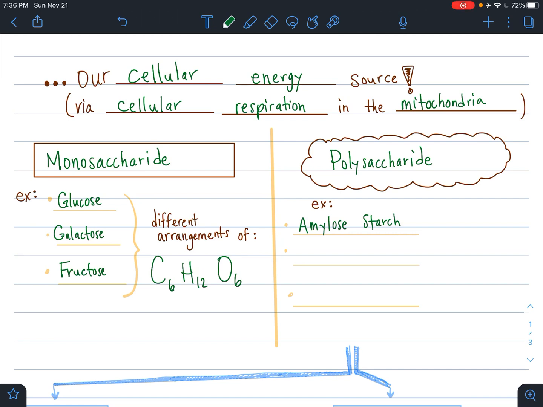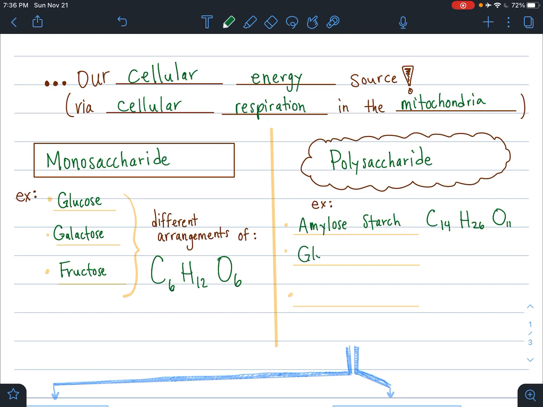And this is because poly means many, meaning that there's lots and lots of those monosaccharides connected together to make amylose starch. So if we look at the chemical formula for amylose starch, it would be something like C14H26O11. So you can see there's a lot more going on in these polysaccharides.